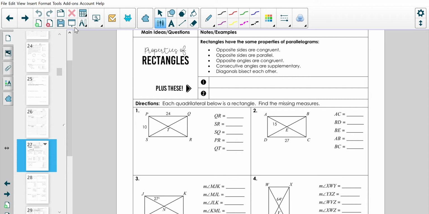And then we also know that all four angles are right angles, and diagonals are congruent.